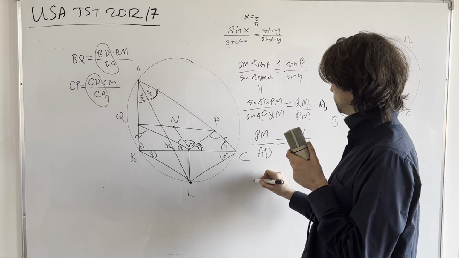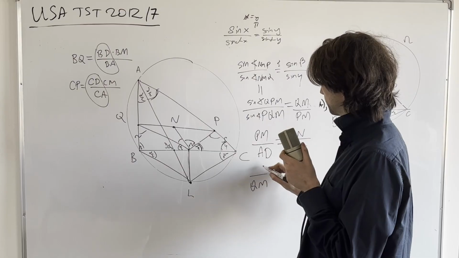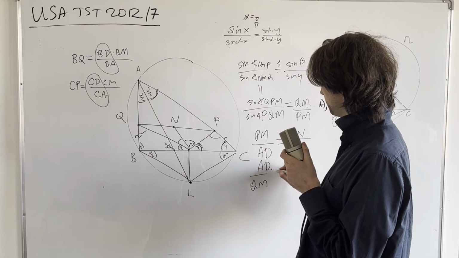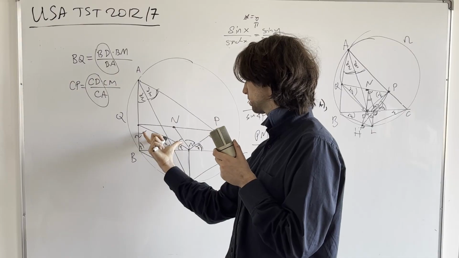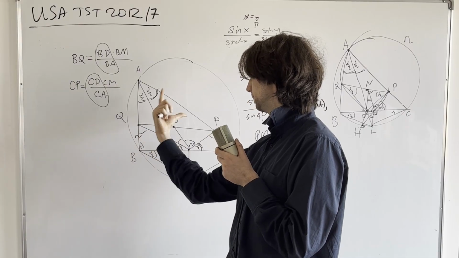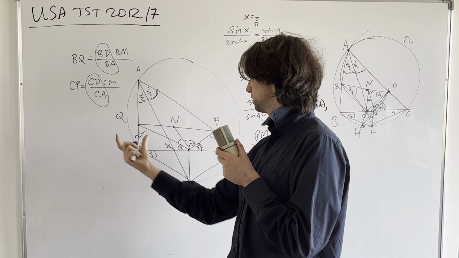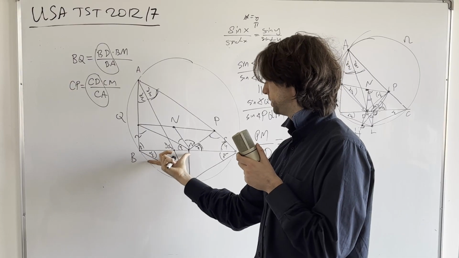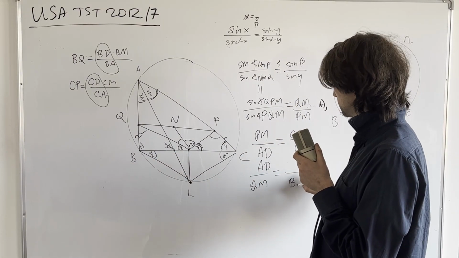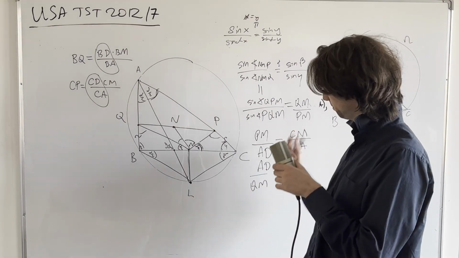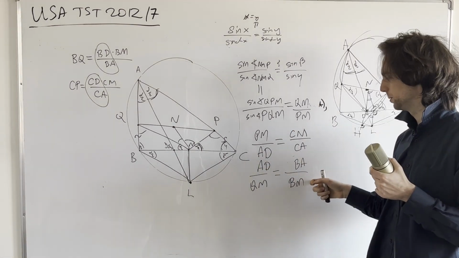And now I have also QM. Again, I'll have AD equal to what? So QM, I'll have AD, I'll take BM, which gives me BA over BM.